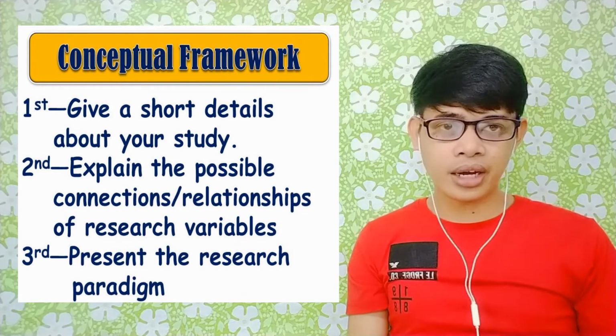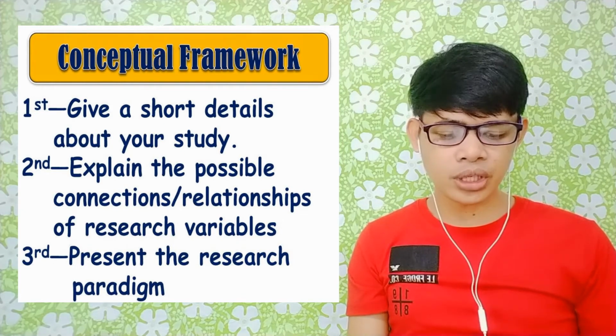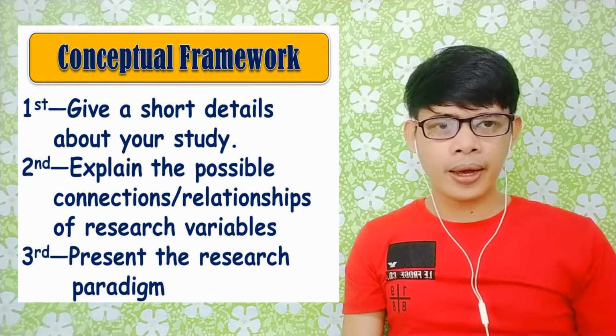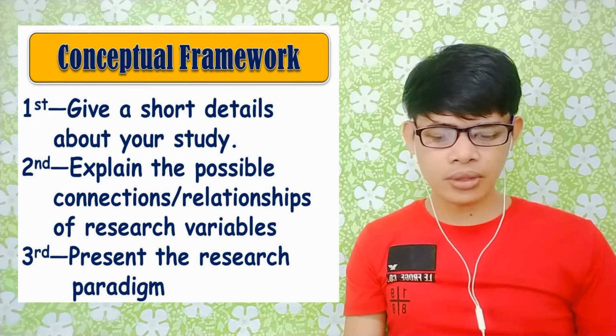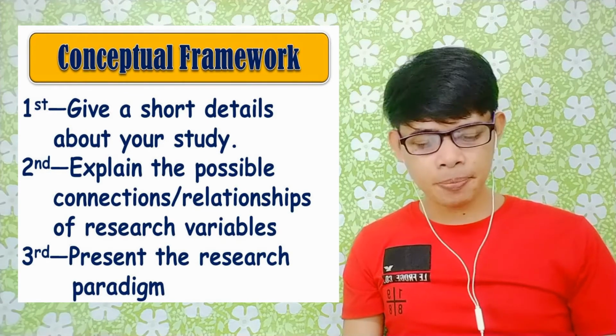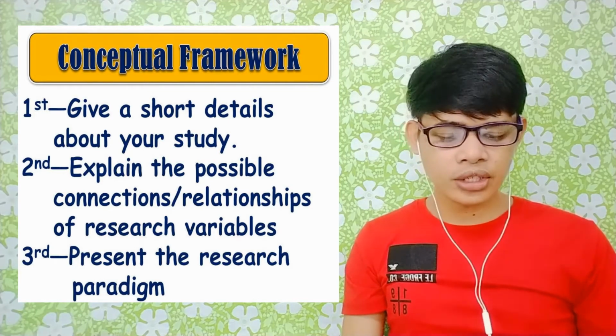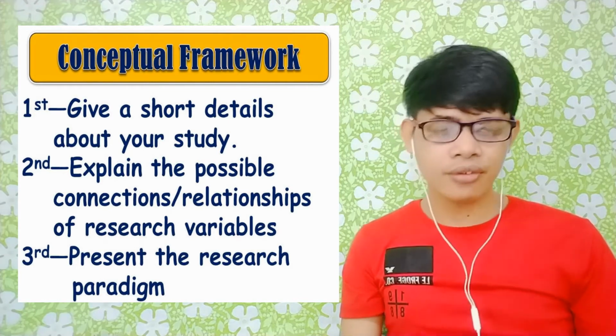First paragraph, probably you will give a short details about your study. Okay? So, only a short description about your study. That's the first paragraph. And for the second paragraph, you are going to explain the possible connections or relationship of your research variables.